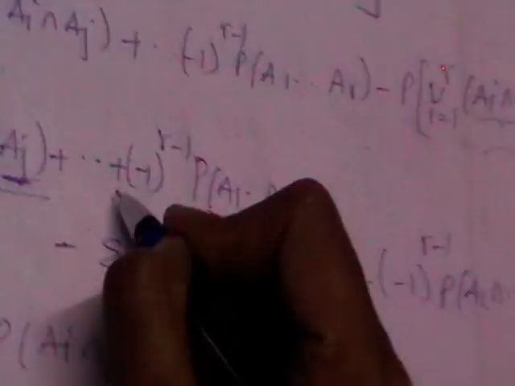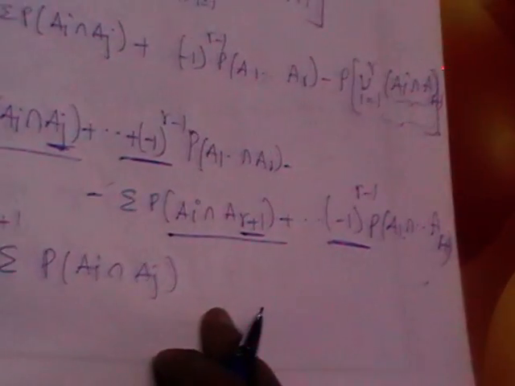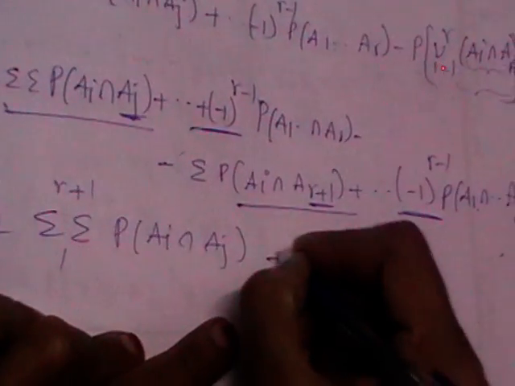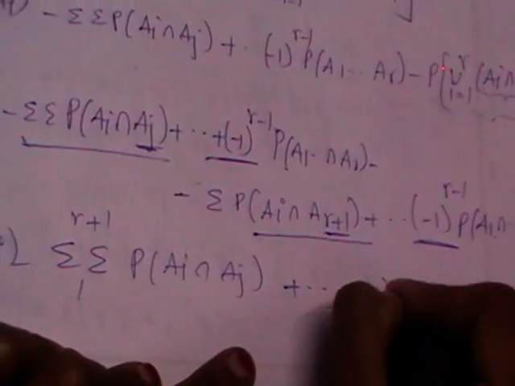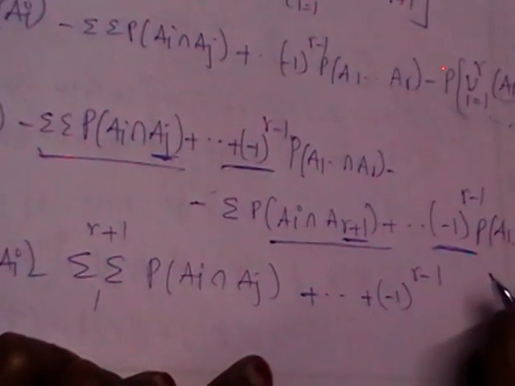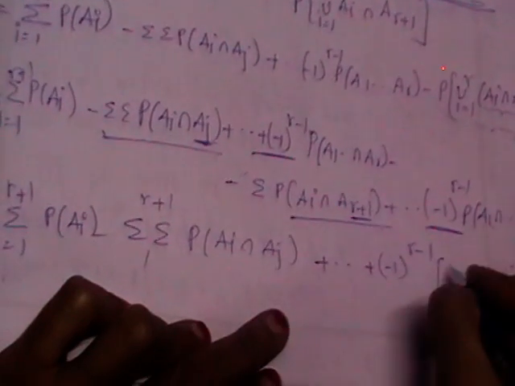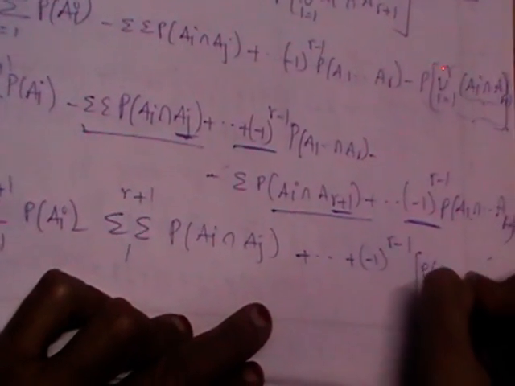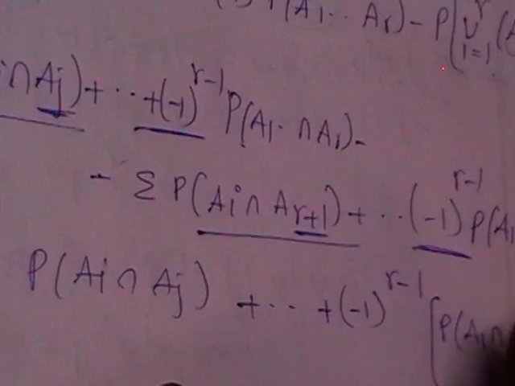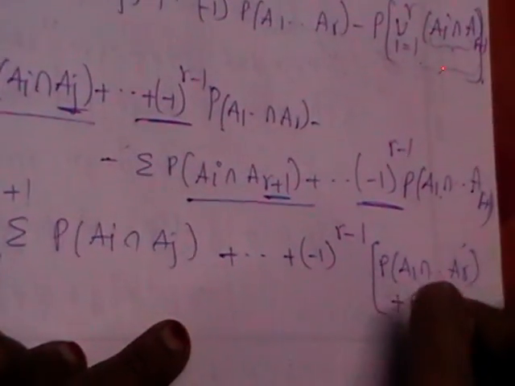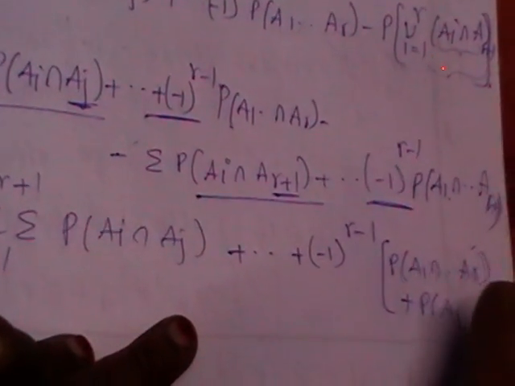From these two terms you have minus 1 whole power R minus 1 as common. If you take that out as the common factor, how much will you get here? This term is P of A1 intersection so on AR, plus P of A1 intersection so on AR plus 1.